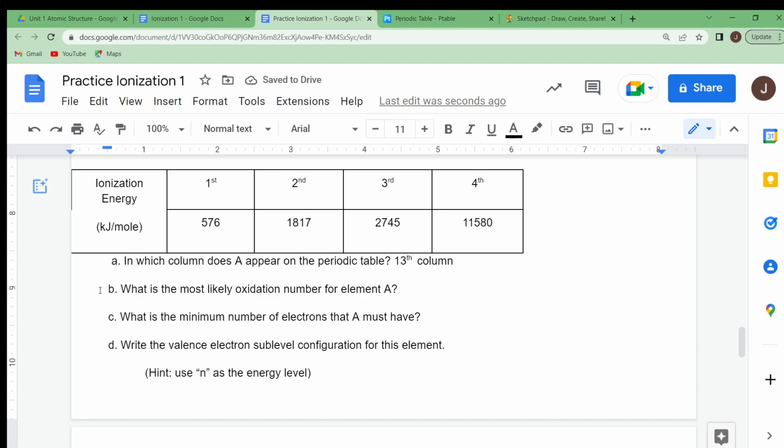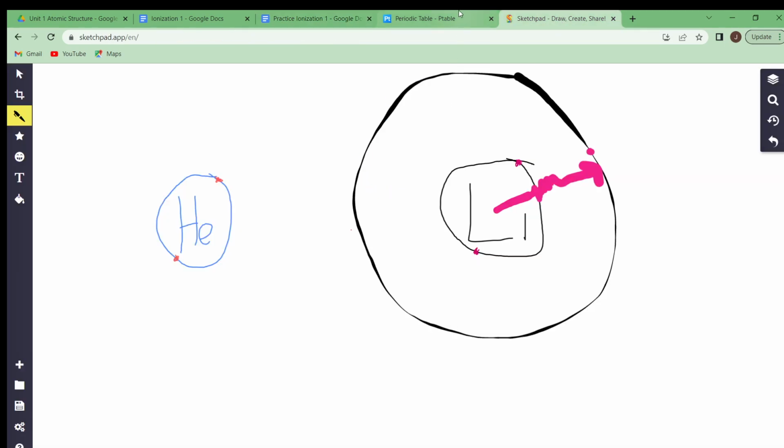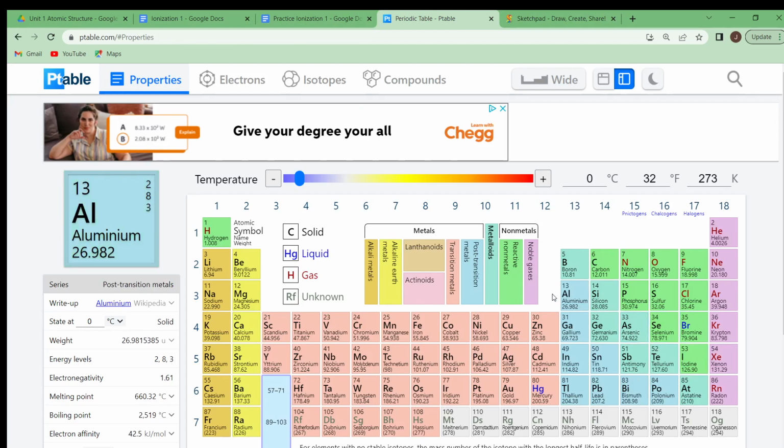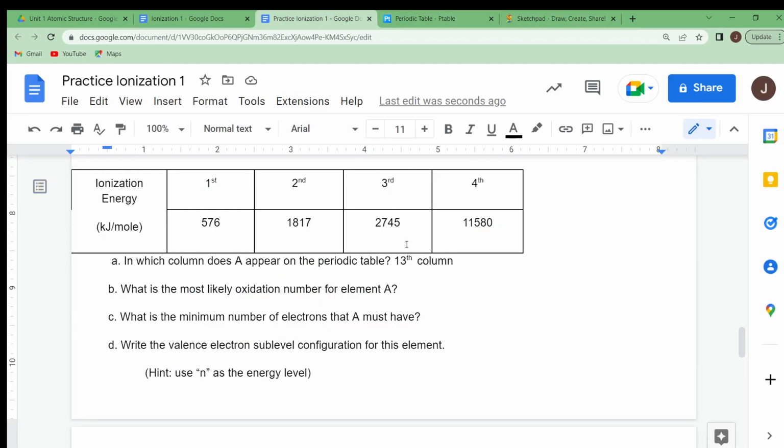Okay. Now, B, it's asking what is the most likely oxidation number for element A? And it's saying how many electrons is it likely to lose? Now, in this case, we can use our same logic. Since it's a metal and it's in this 3rd column, and 3 electrons were able to be lost fairly easily, we would say that it's able to lose 3 electrons.